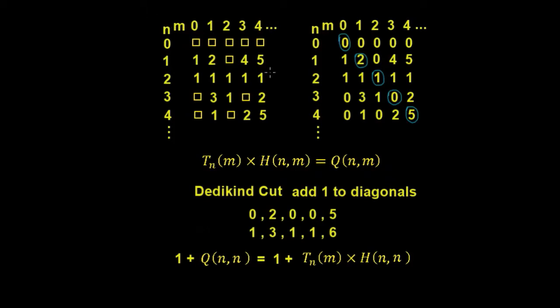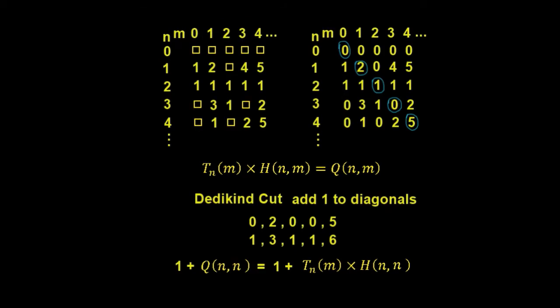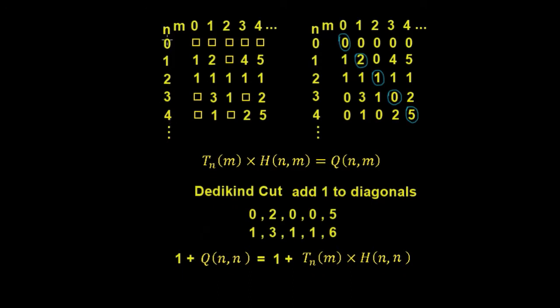So if we create this little matrix here, then along the top we have all the m's, so that's all the inputs, 0, 1, 2, 3 off to infinity. And down the vertical axis here we have all of the Turing machines, so that's the first Turing machine, number 2, 3, 4, and so on and so forth, running from 0 down off to infinity. And inside the matrix are all the outputs.